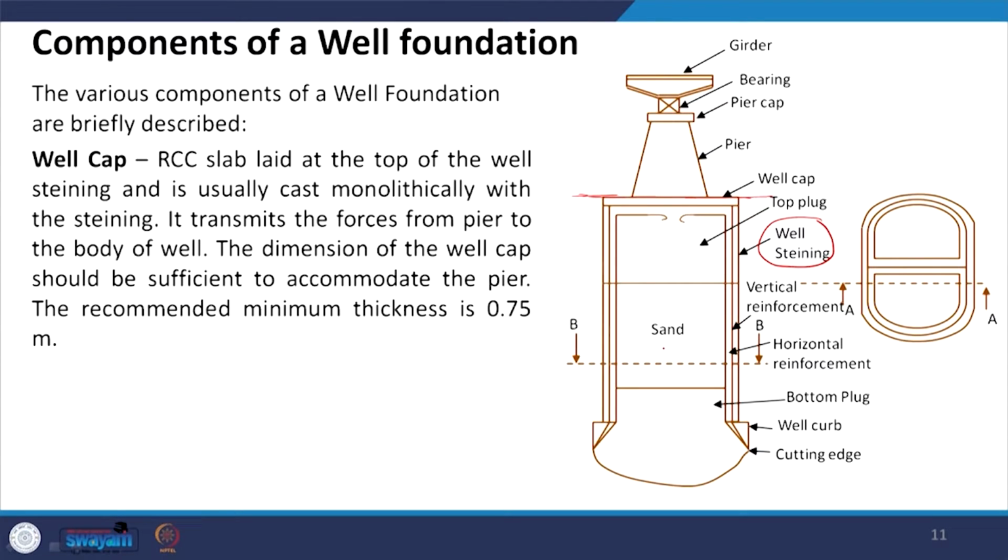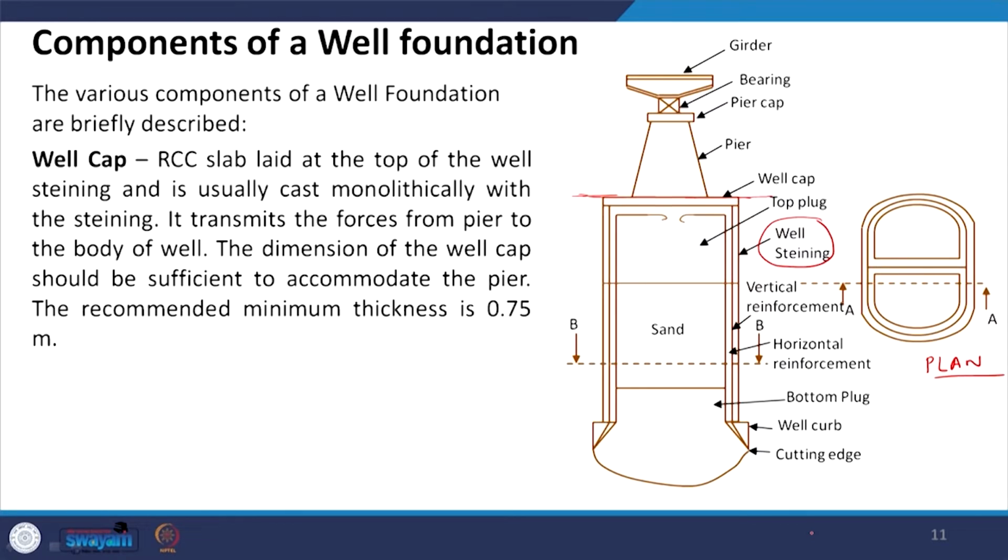This figure is not to scale, and what you see here is the plan of the well. In the section, you have the well curb and cutting edge. The cutting edge is used to sink the well inside the soil, and then you have the curb. Let us discuss each component one by one.